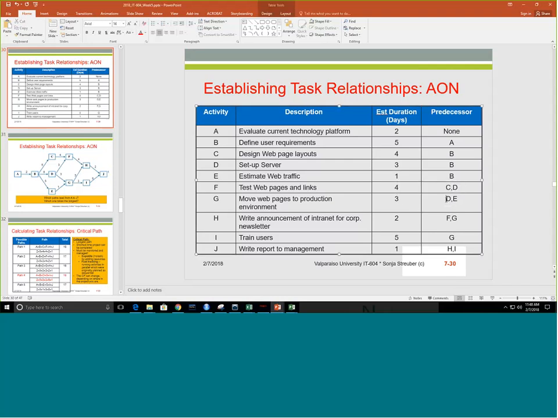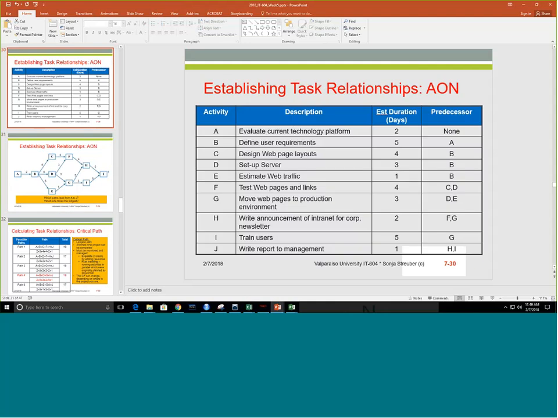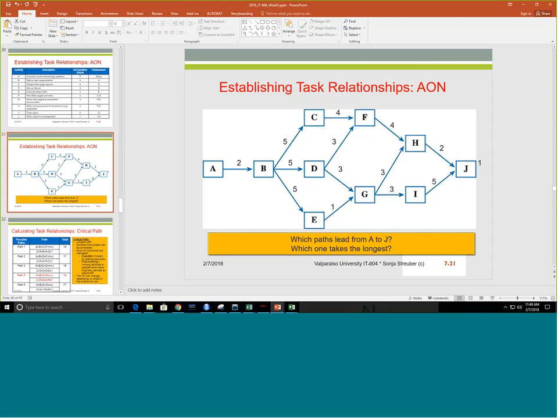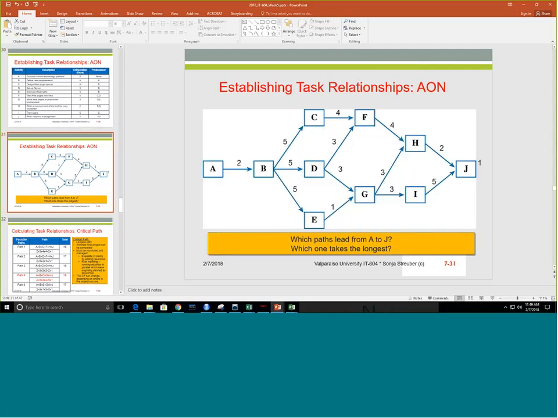Estimated duration is 3 days, and the predecessors are D and E. We don't change anything here because those are the durations of D and E, but the durations that go out of G are 3 and 3. Then H, announcements, is connected to F and G. We don't change these again because these are the durations for F, 4, and G, 3. H is 2 days long, so it gets a 2 right here.